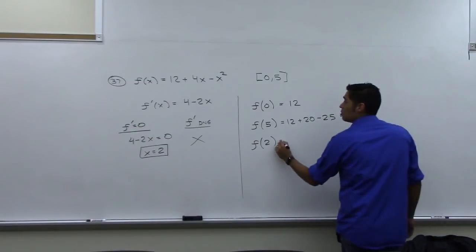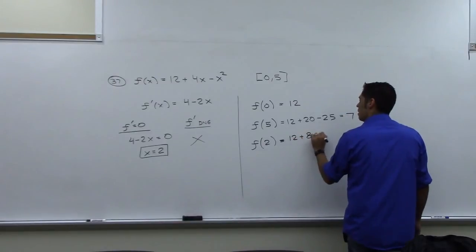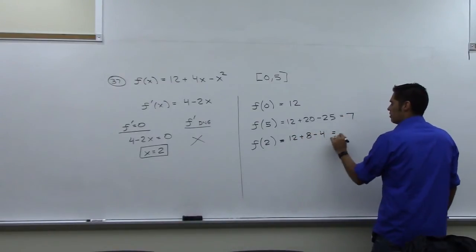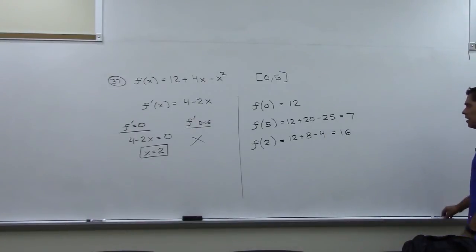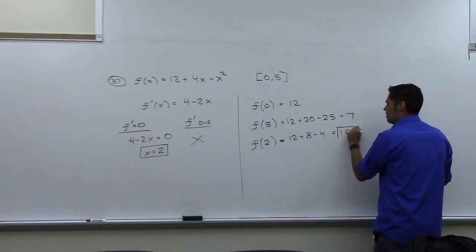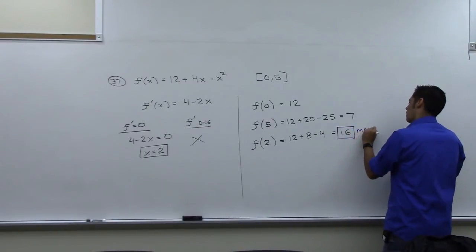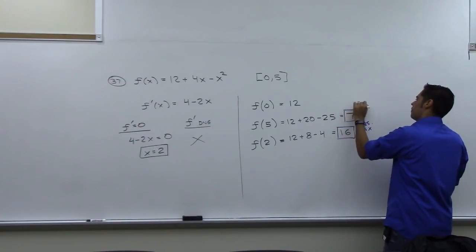And then if I plug in 2, I get 12 plus 8 minus 4. So this is going to be 16. And now what I do is just compare these answers. The biggest answer I get is the maximum value, absolute max, and the smallest value I get is the absolute minimum.